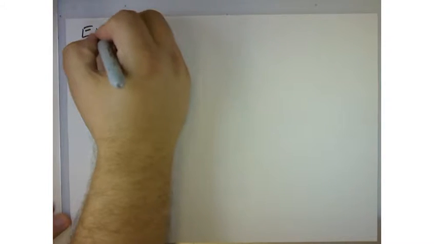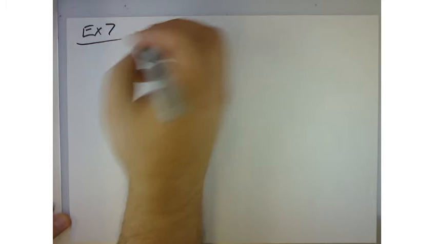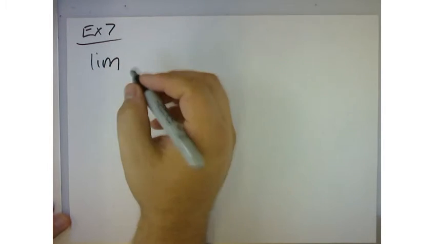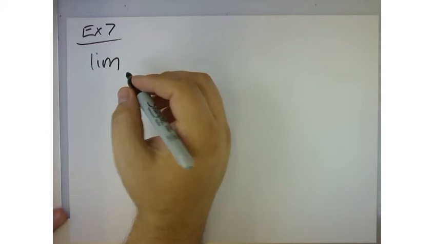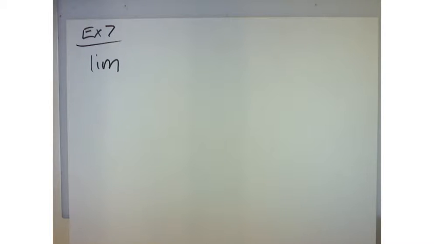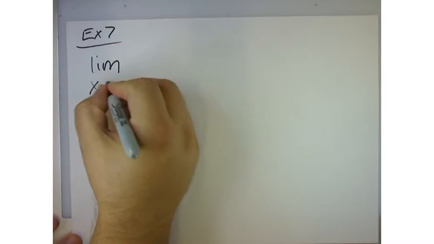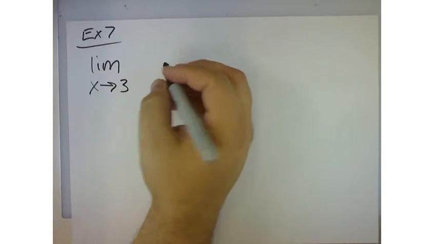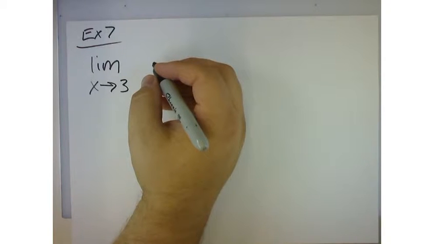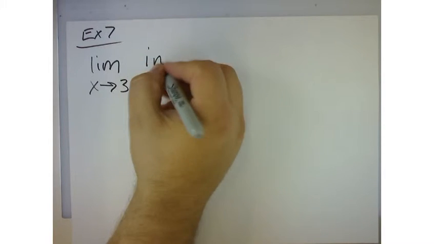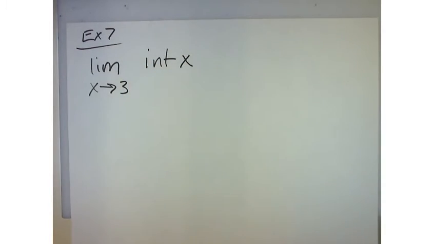Example number 7, I'm sorry. Let's take the limit of a constant. Let's do the limit as x approaches 3 of this particular function.